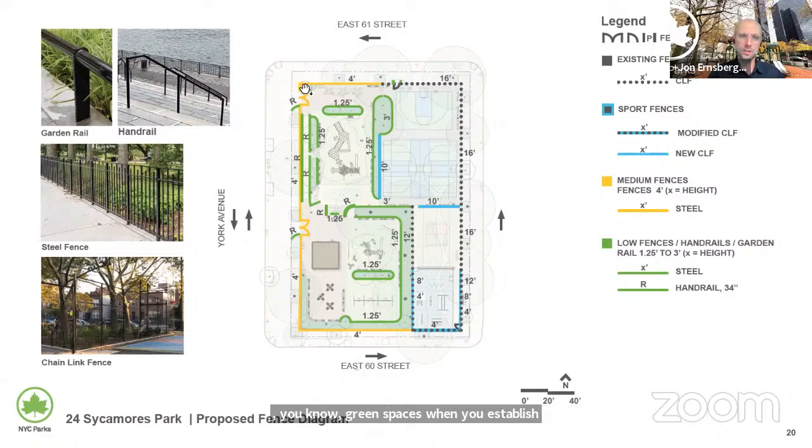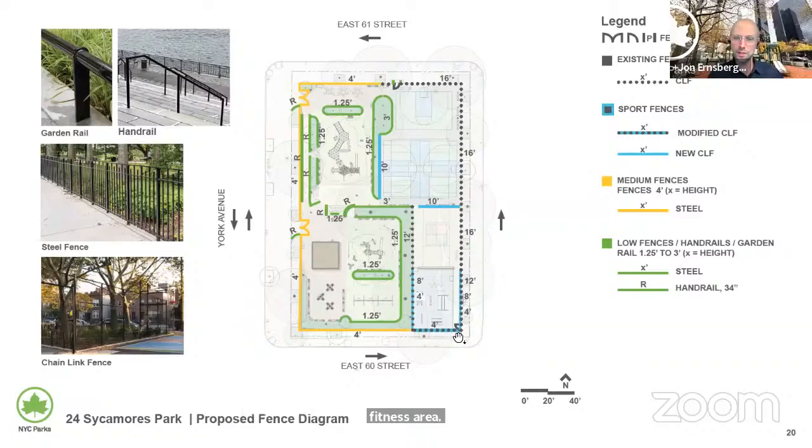And then on the perimeter, kind of along what one might think of as the front on York Avenue, the fence height is lowered to a 4-foot steel picket fence. This is a slight update over here where we're proposing to lower the chain link fence around this teen-oriented fitness area, just to make this a little bit more welcoming.